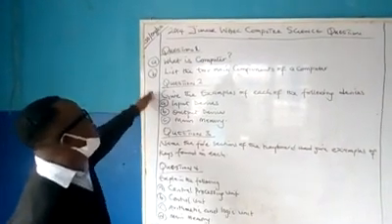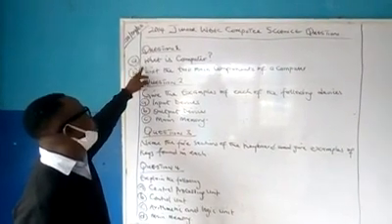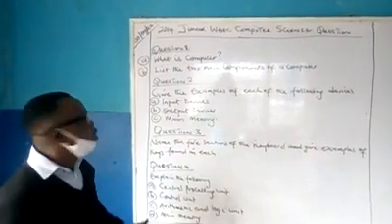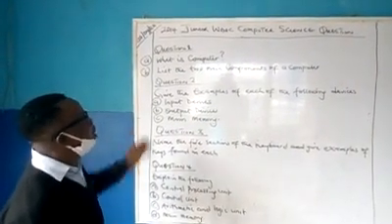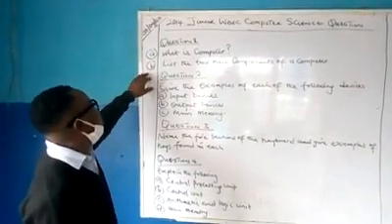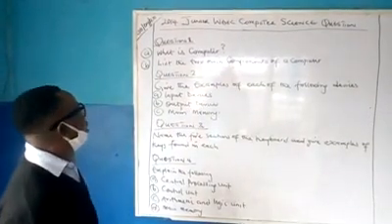The first question, question A, says, what is computer? It looks so simple, but I will tell you the importance of them asking such a question. Question B says, list the 2 main components of a computer.